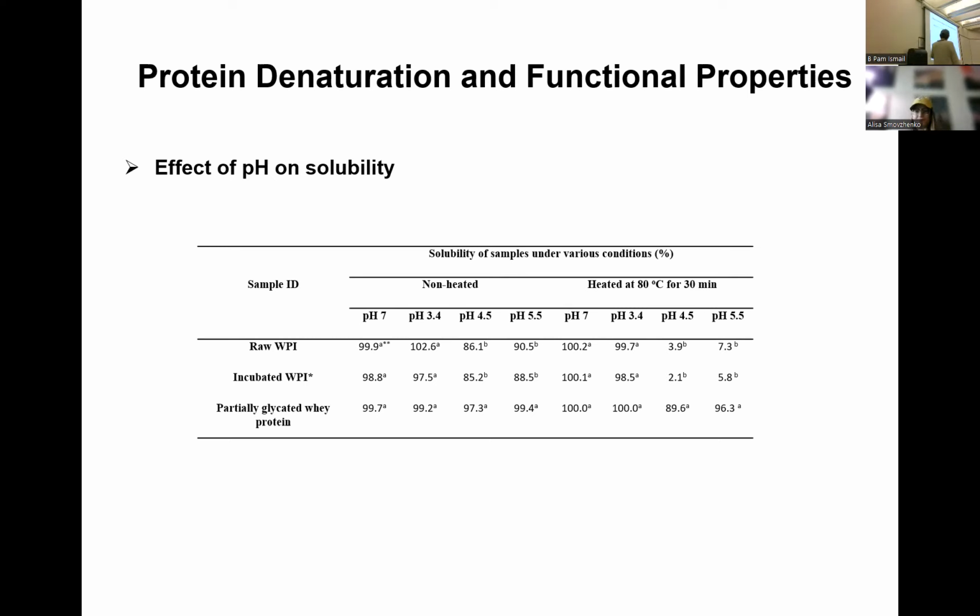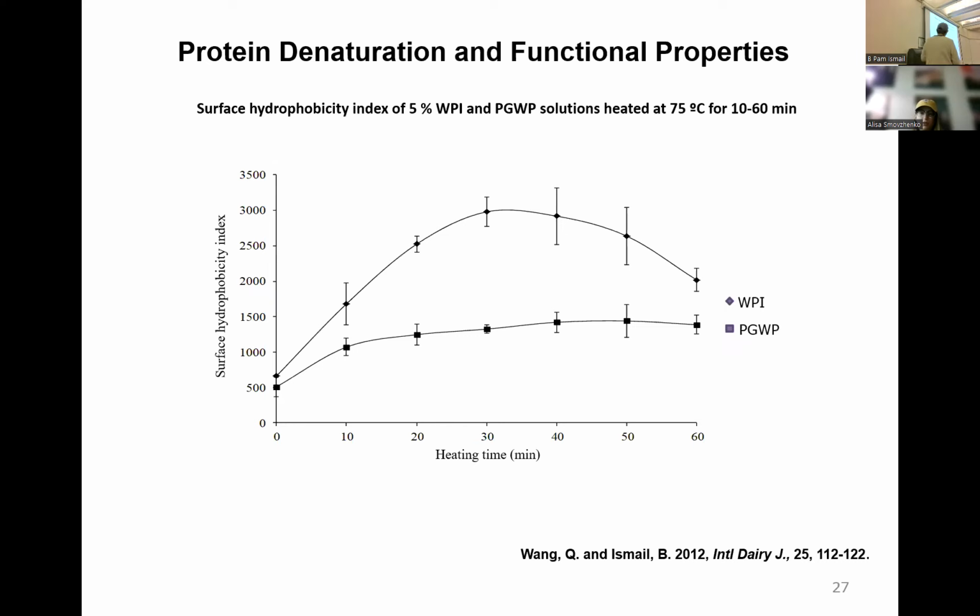Okay, so then we wanted to understand what happened. Why were we able to see this increase in enhanced solubility at the isoelectric point? And then we looked at surface hydrophobicity, and we found that with glycated protein, you had an increase in surface hydrophobicity at 10 minutes of heating time, but then it plateaued and did not increase anymore compared to the regular whey protein.